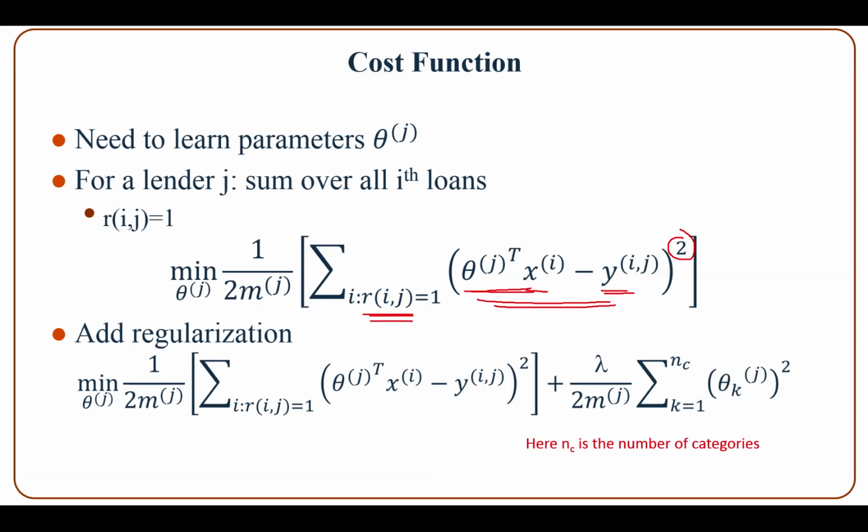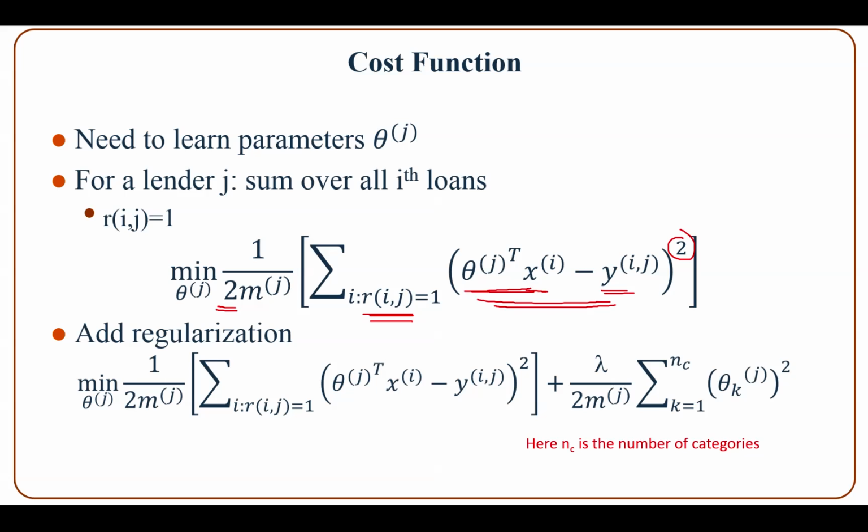Here it means that we need to sum over all the i loans such that the lender j gave the rating. So Rij is equal to 1 where the loan i is given the rating by the lender j. And again, the number 2 here is just to facilitate the gradient term after the derivative.